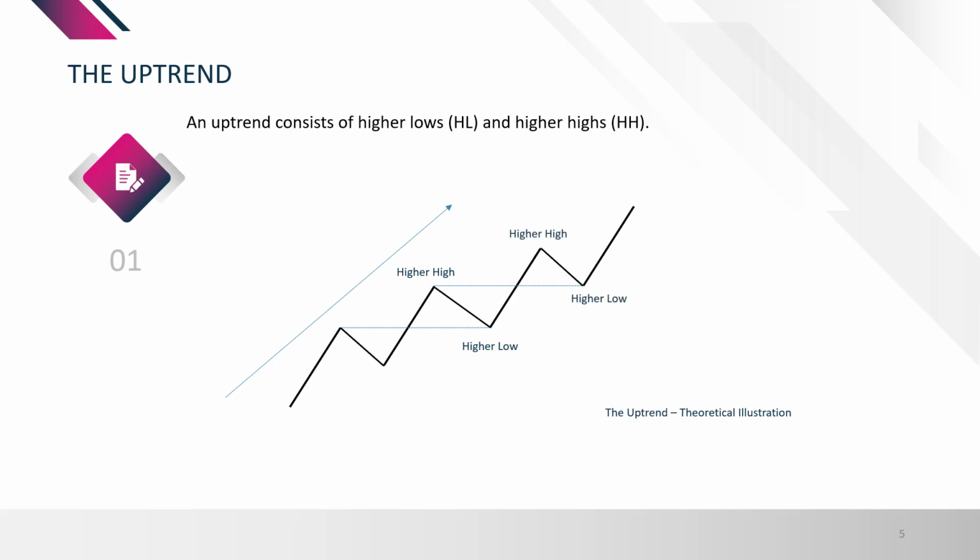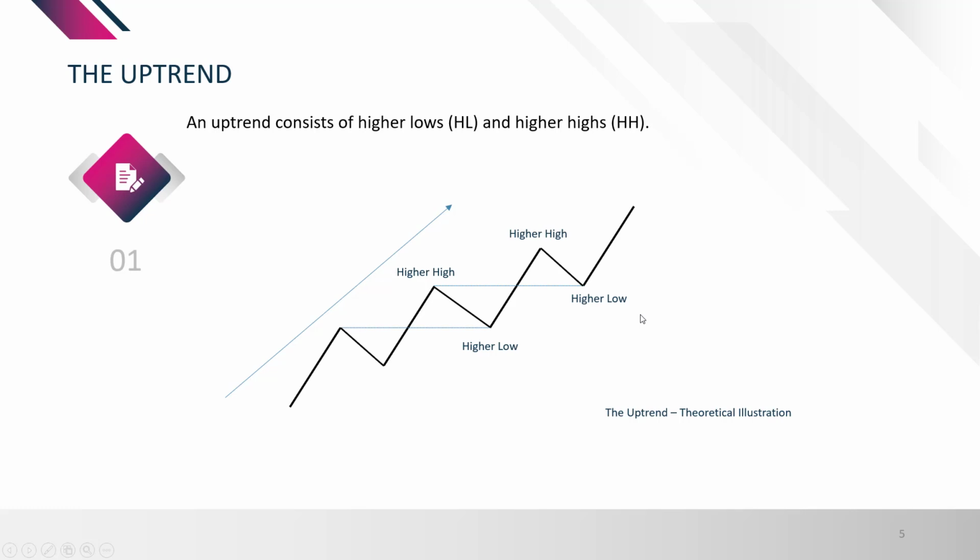As you can see, each and every higher high is broken when market is in an uptrend, but every higher low is not broken. Remember, in the section on support and resistance, we talked about resistance which is broken or support which is broken. You can clearly see these higher lows, 1, 2, 3, they haven't been broken to the downside.